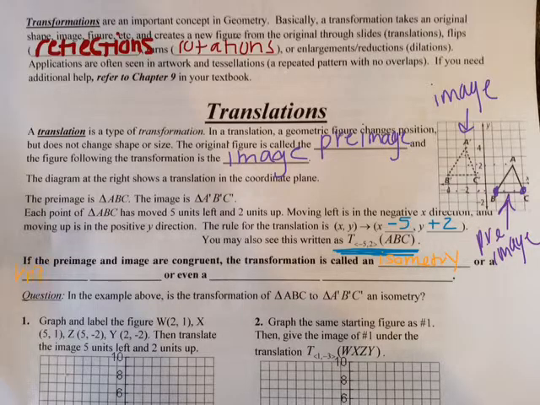That's kind of how I like to call it. You'll hear me call that a lot. Is it a rigid motion? Or, and we'll get to this later, a congruence transformation.